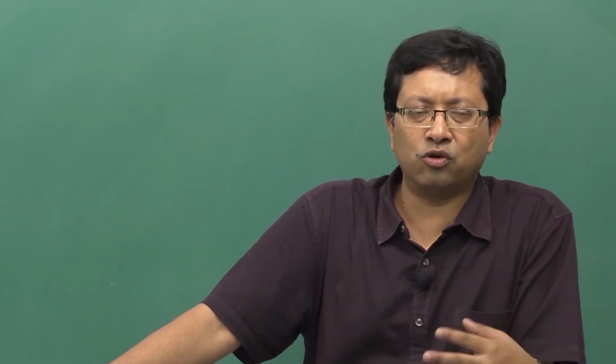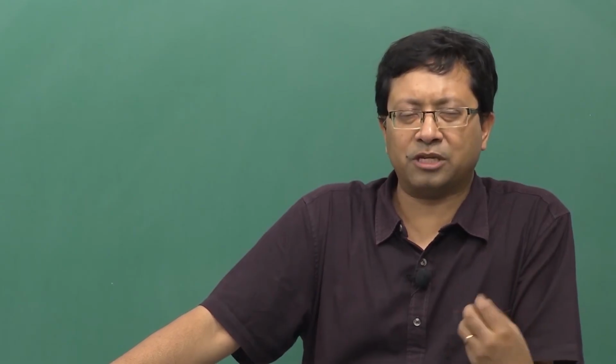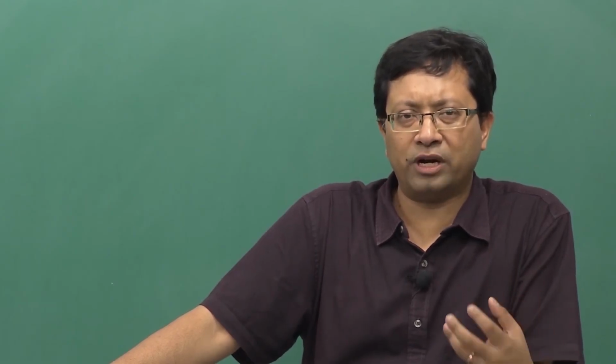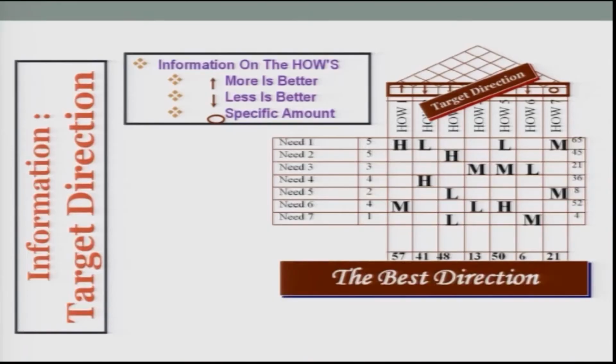As we note the positive and negative points which we give, it comes out in a much better way, such that we are able to collate the overall information to give some points between the needs and the how. So, the best direction is done, and we find out in which direction the point should move.